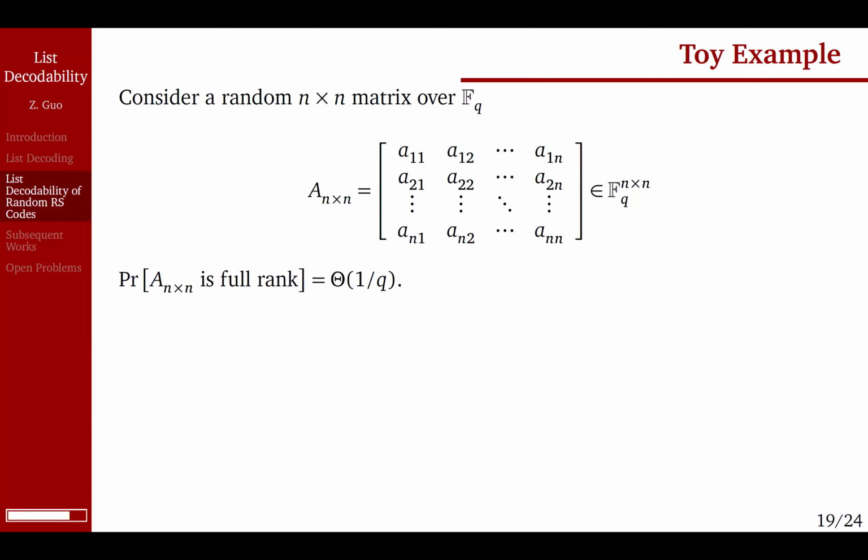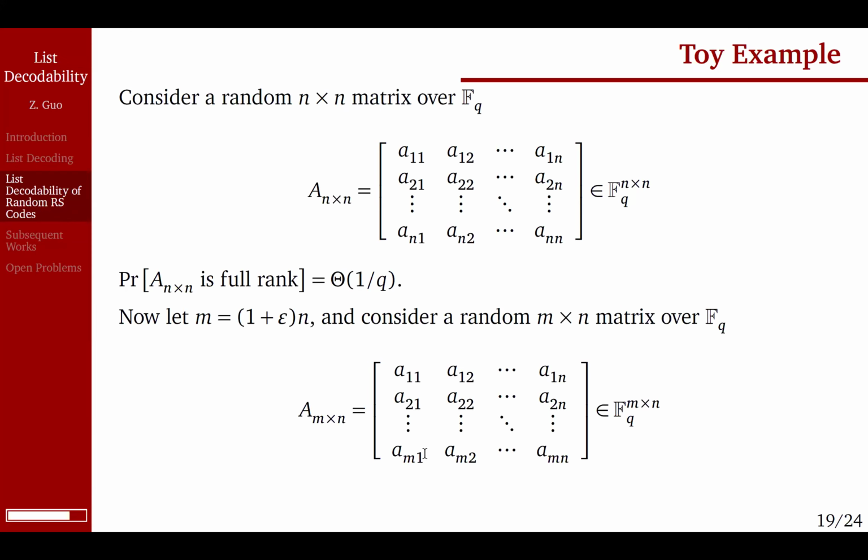It is if the columns are linearly dependent over F_q. Because this is a square matrix, each time we pick a row it has to increase the rank by 1. In particular, even if the first n-1 rows are fixed and independent, the last row must not live in the hyperplane spanned by the previous ones, and the probability that this fails is exactly 1 over Q. So you get 1 over Q, linearly, as the error probability.